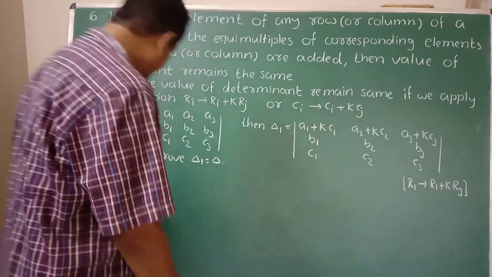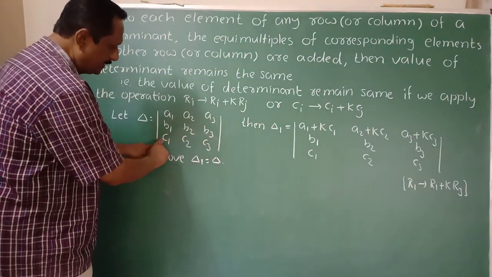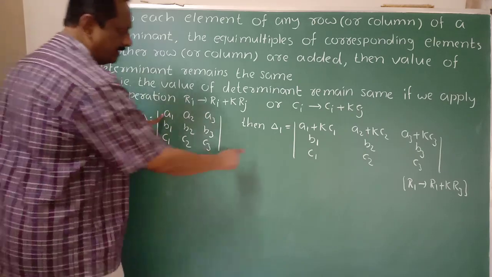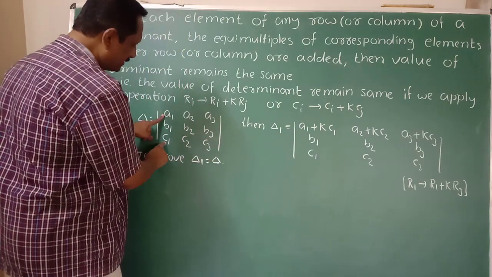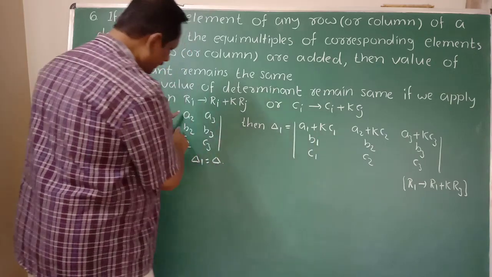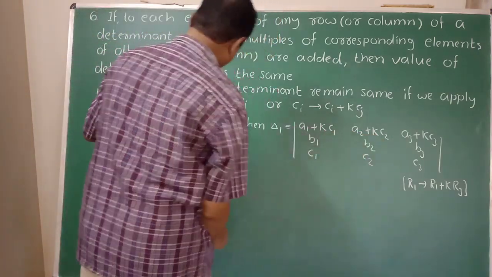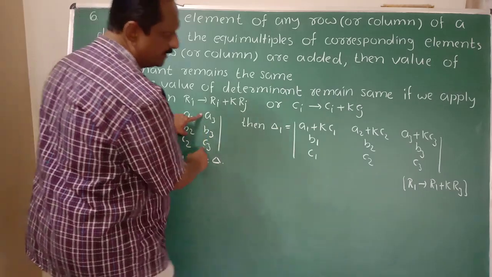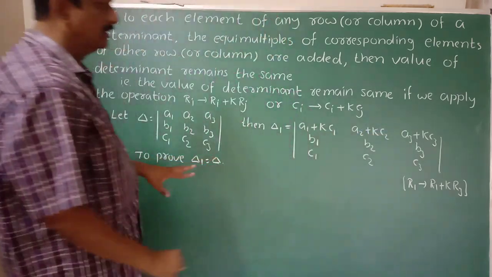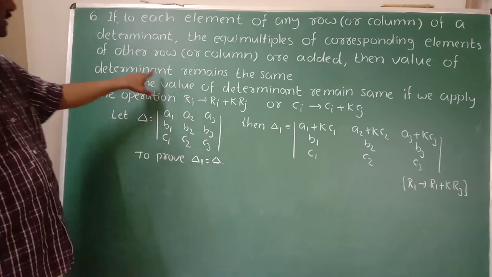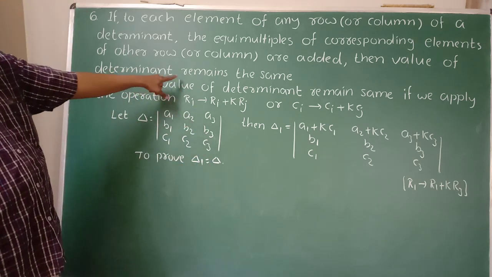Multiply each element by k and add to the first row. So A1 plus k into C1, A2 plus k into C2, and A3 plus k into C3. If you do like that, then the value of the determinant remains the same.